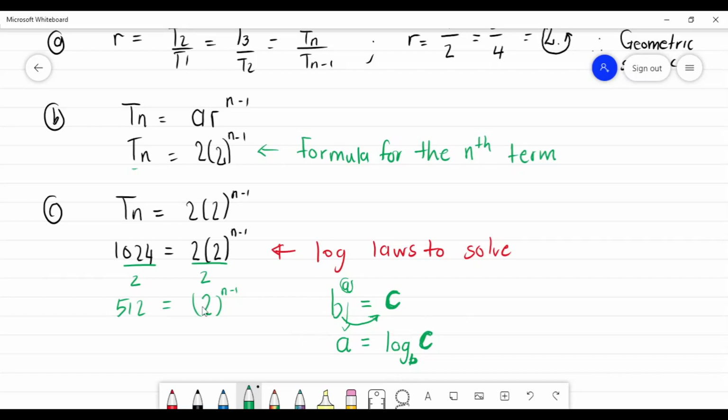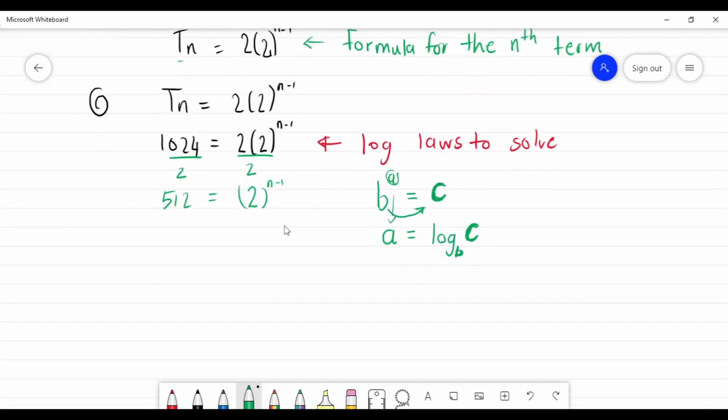So looking at this question, we're trying to solve for n. Using our log laws, this n minus 1 needs to come down.